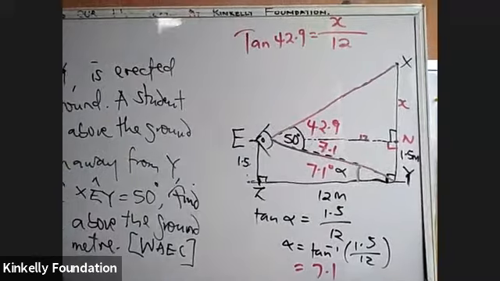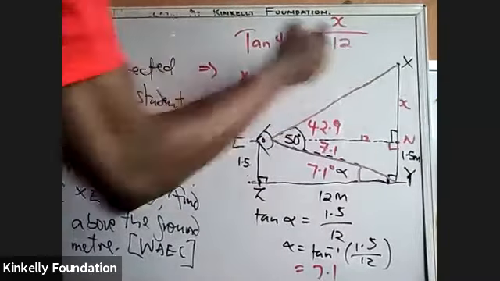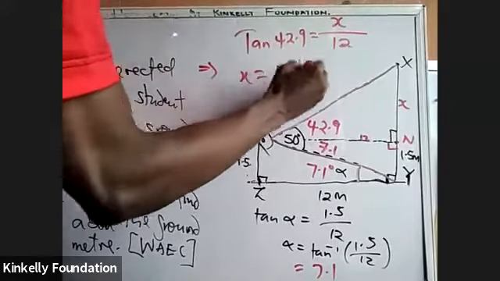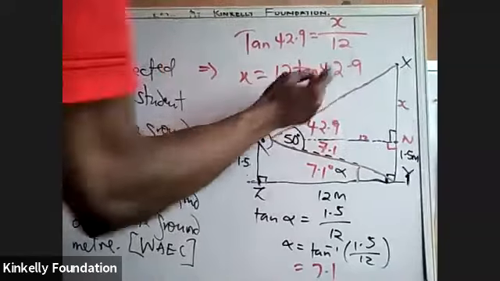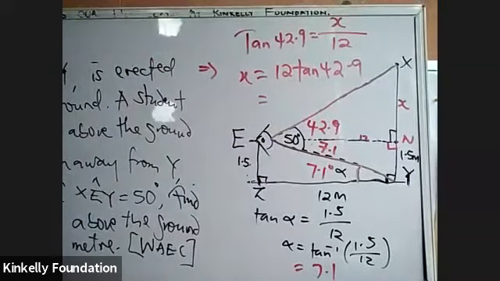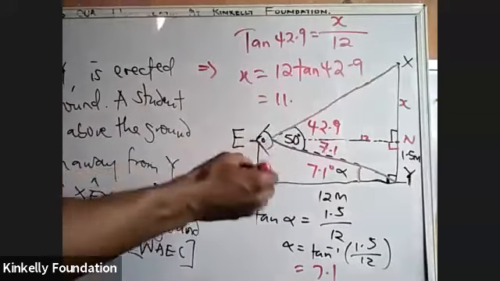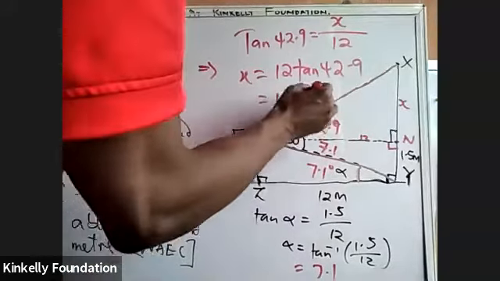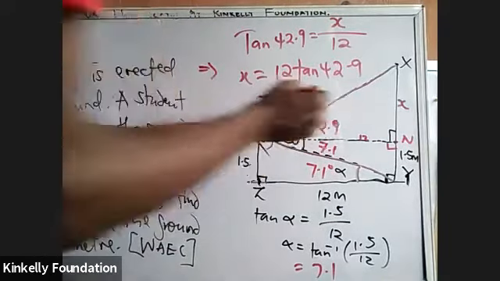Now, for us to find x, you see that x will now be 12 tan 42.9. So whatever you have here, multiply it: 12 times tan 42.9 equals what? 11.15 meters.